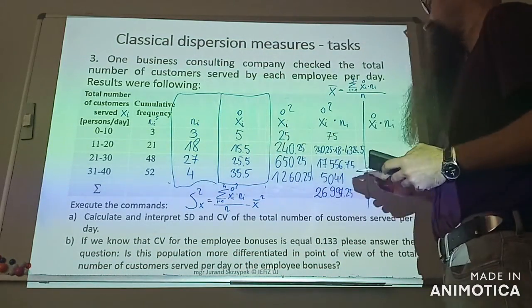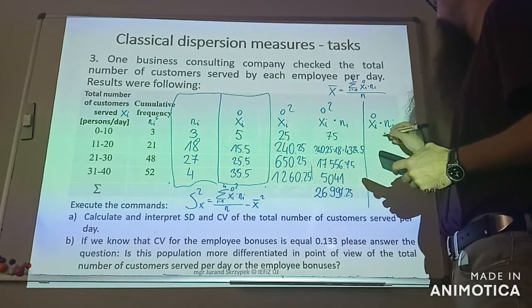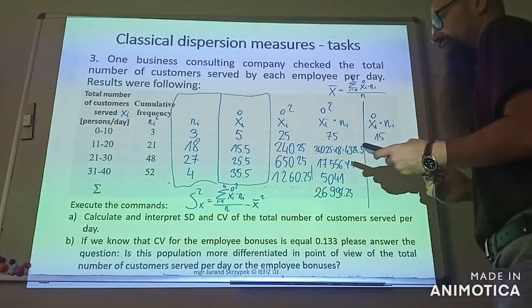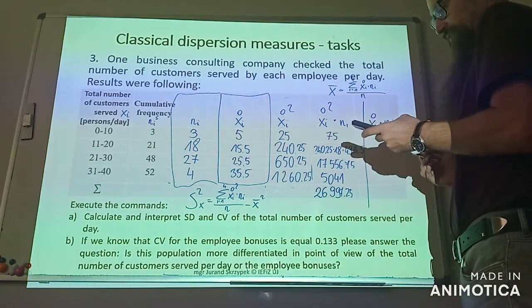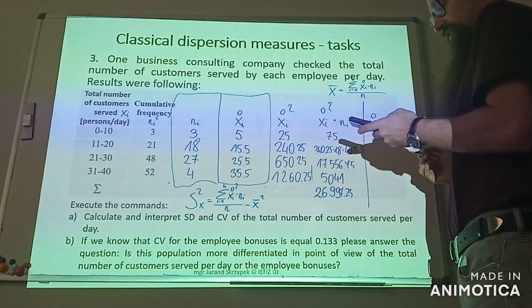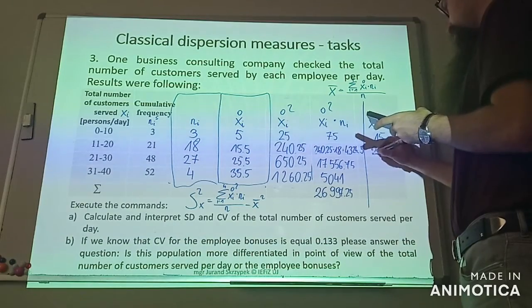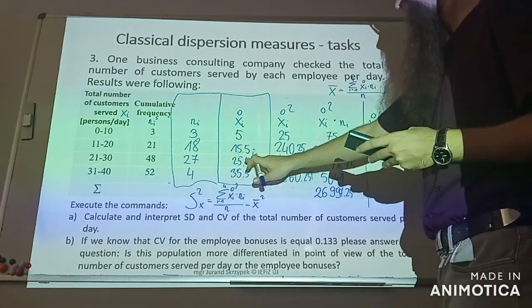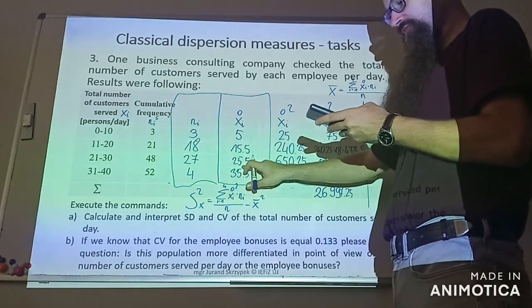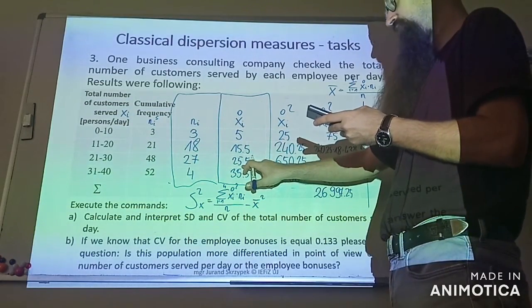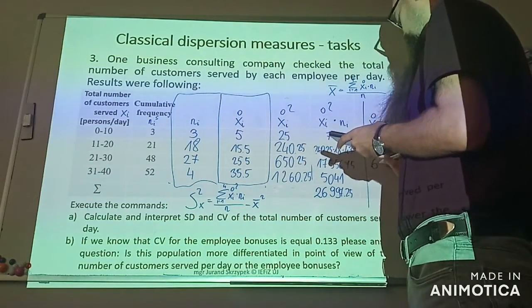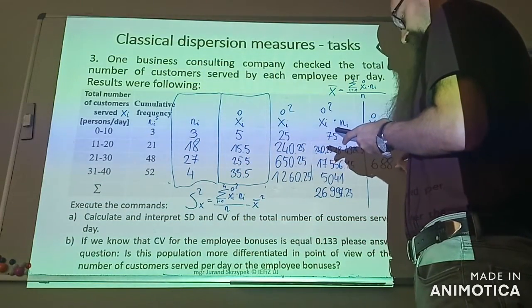First we have 5 by 3, 15. After that I have 18 multiplied by 15 and a half, 279. Next we have 25 and a half multiplied by 27, 688.5.